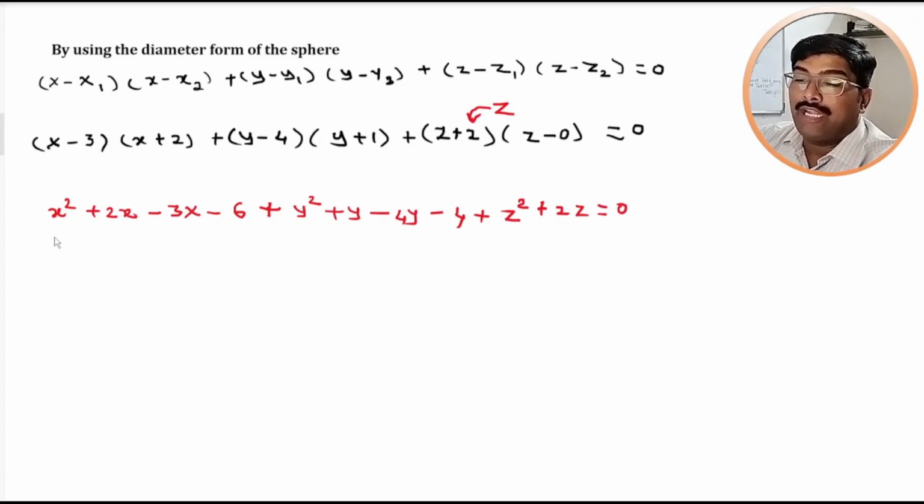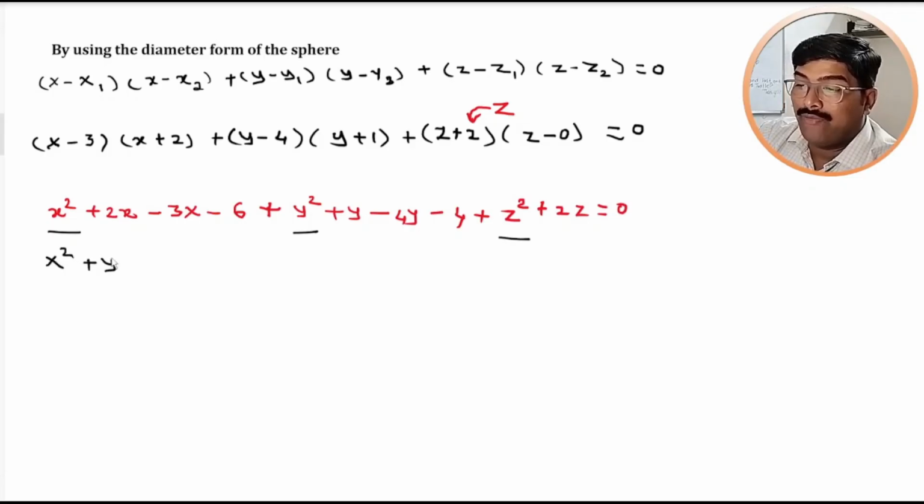Now first of all write down the terms containing x square, y square and z square. So I will write here x square plus y square plus z square. Now write down the terms containing x.